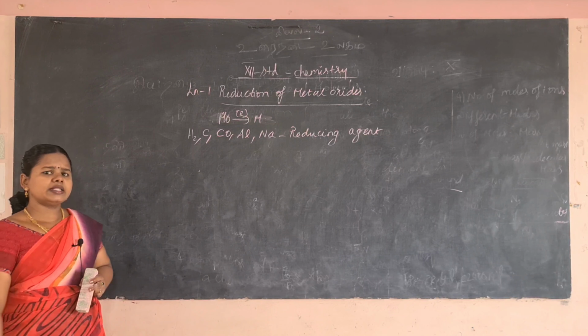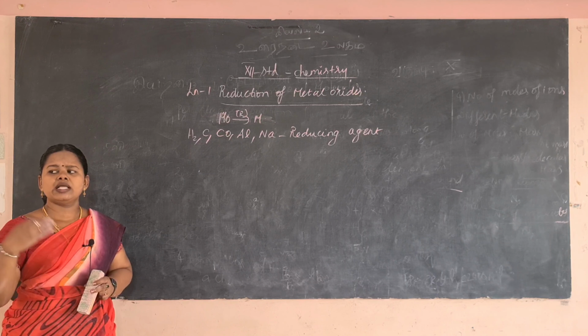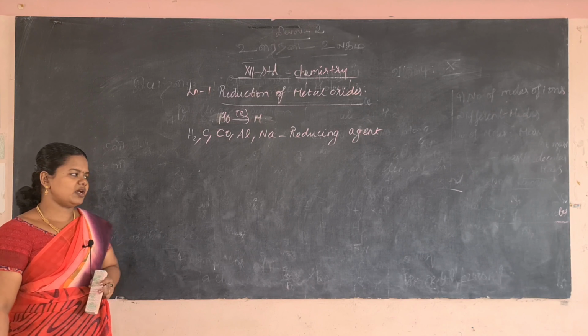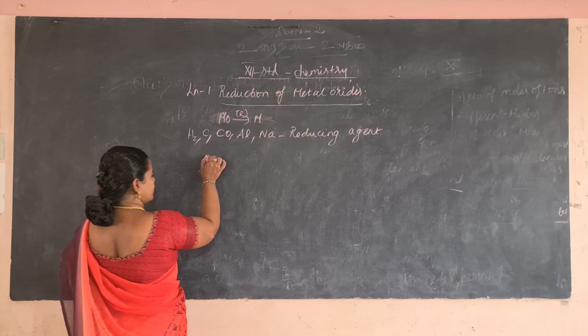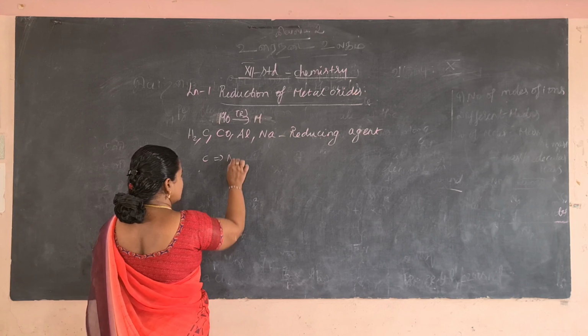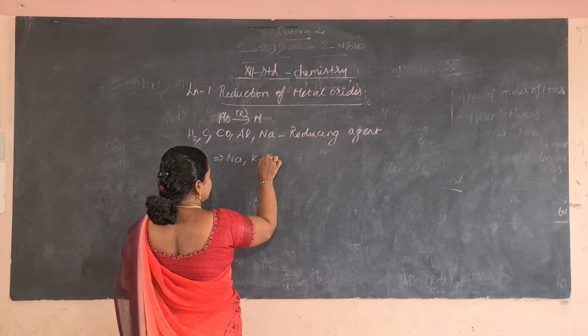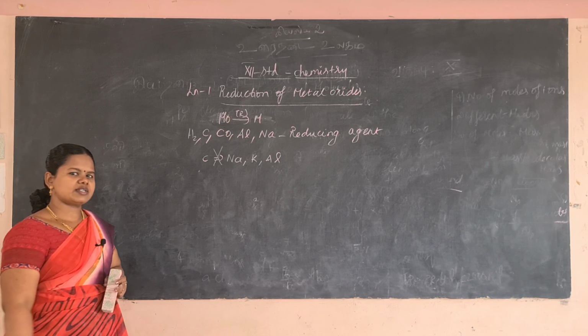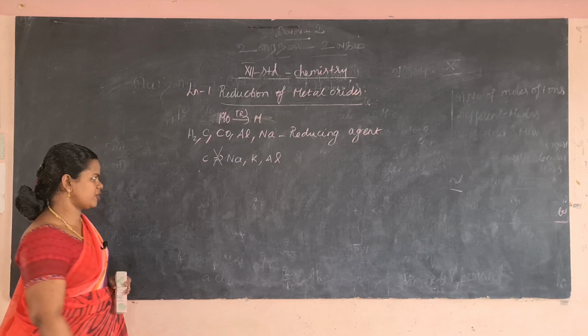So the selection of the reducing agent depends upon the nature of the metal. For example, carbon cannot be used as a reducing agent for some of the metals like sodium, potassium and aluminium.